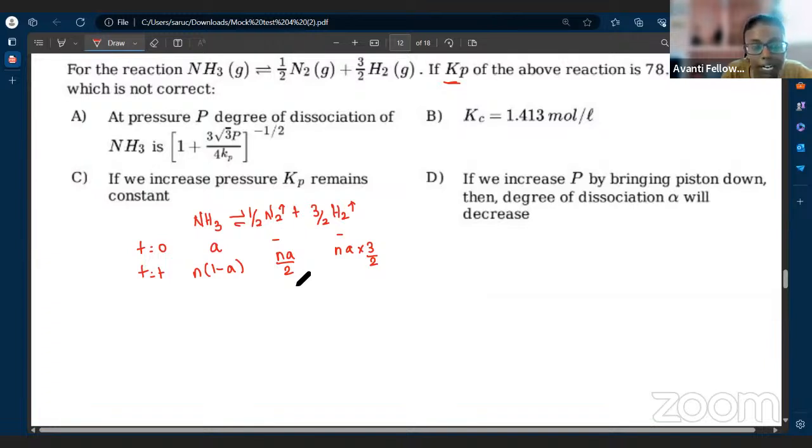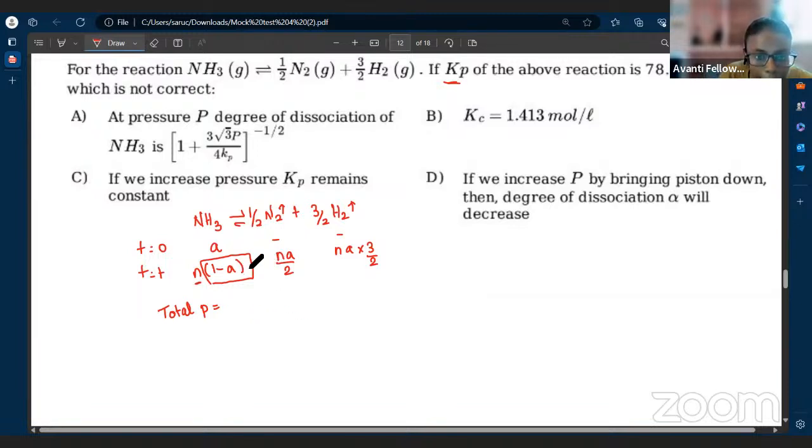So now what would be the partial pressure of each gas in the equation? Partial pressure is the pressure of each and every gas present. First calculate the total number of moles, leaving aside the concentration.